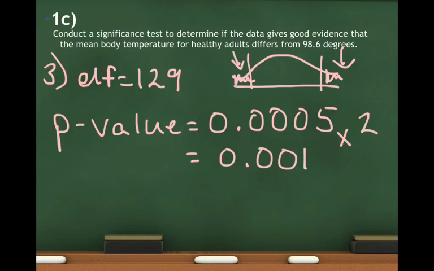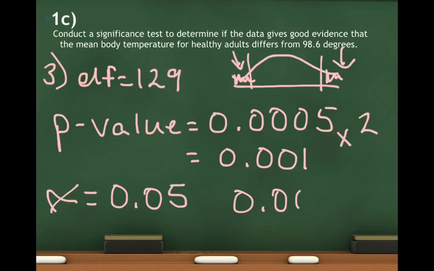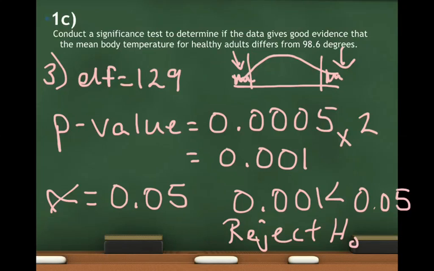What we want to do is compare that to our alpha of 0.05. And so is our p-value less than or greater than 0.05? And so it's less than 0.05. And so remember, if it's less than 0.05, we reject the null hypotheses.